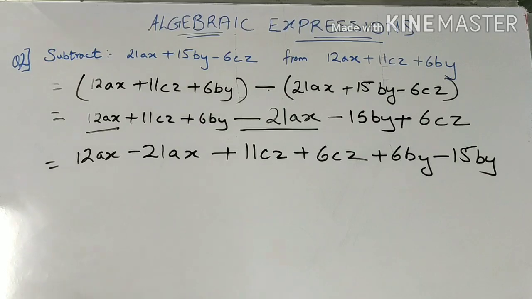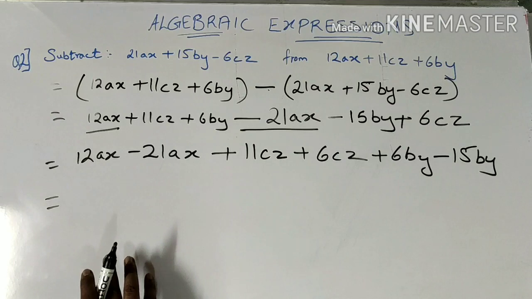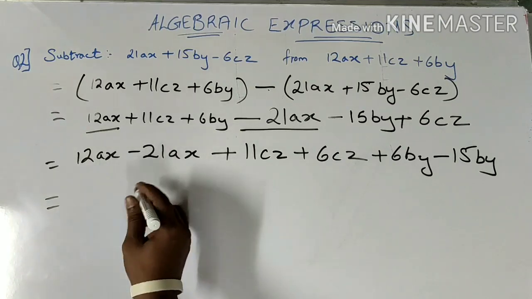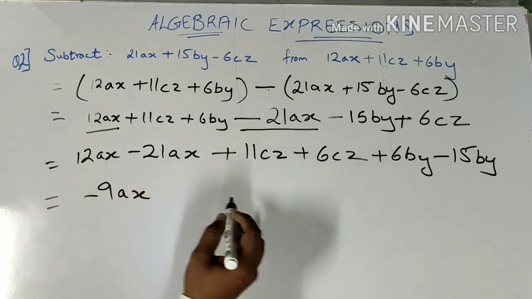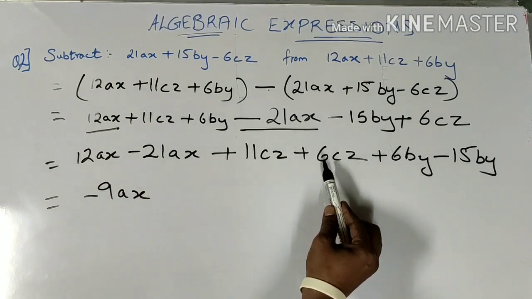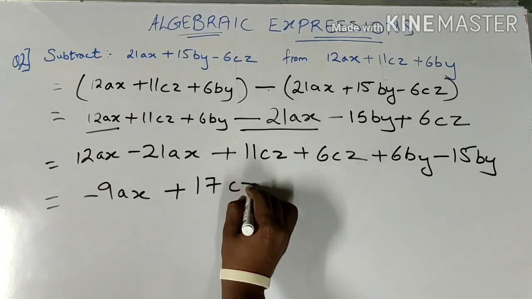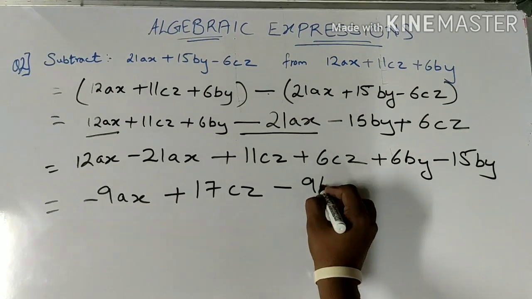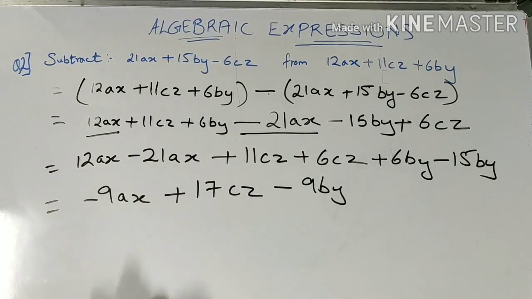Now you will operate on it, and the answer that you get is 12 minus 21 will be minus 9ax, 11 plus 6, that is plus 17cz, minus 9by. So you have got this answer by horizontal method: minus 9ax plus 17cz minus 9by.